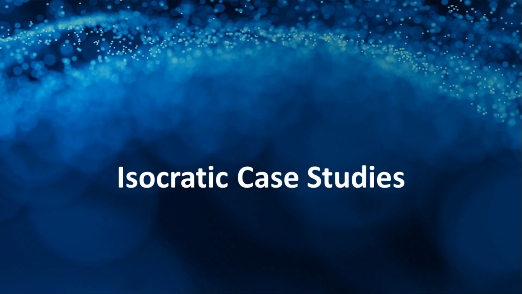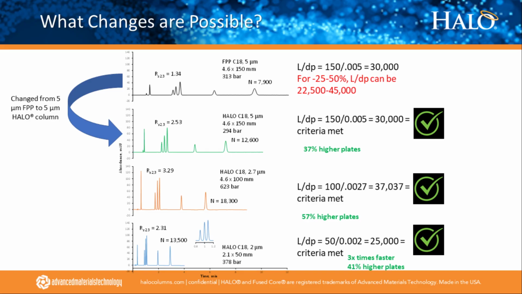So now let's look at some isocratic case studies. In terms of what changes are possible, we have, starting out with a 5 micron 4.6 by 150 millimeter column that gives us an L to dp of 30,000. So for minus 25 to plus 50%, that L to dp can be anywhere from 22,500 to 45,000.